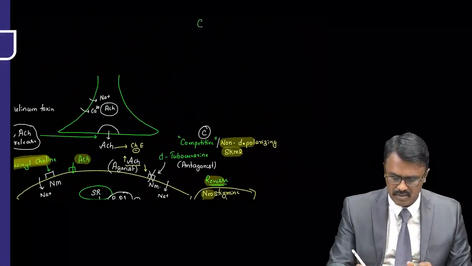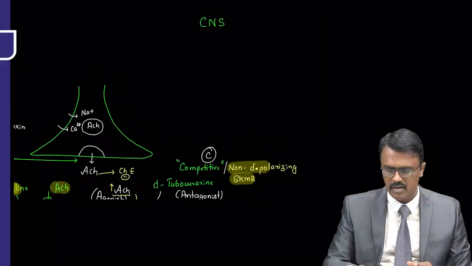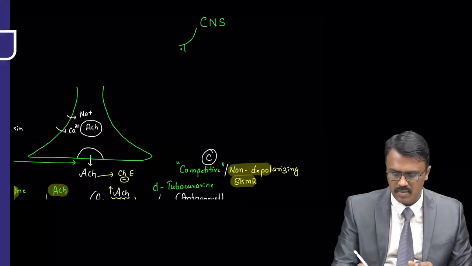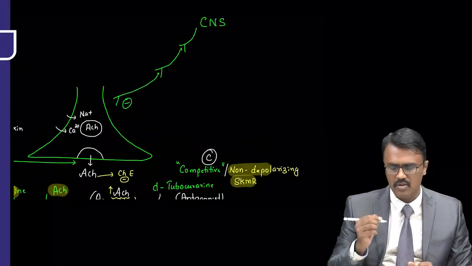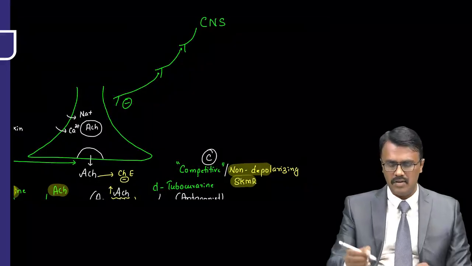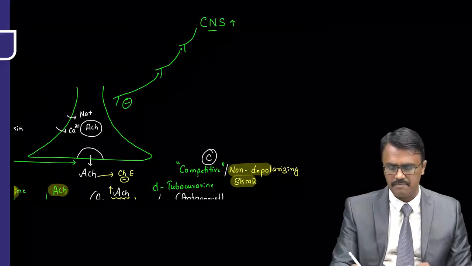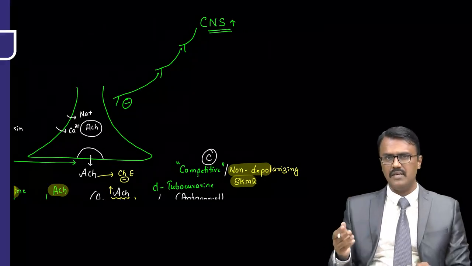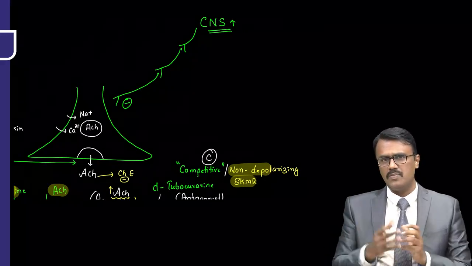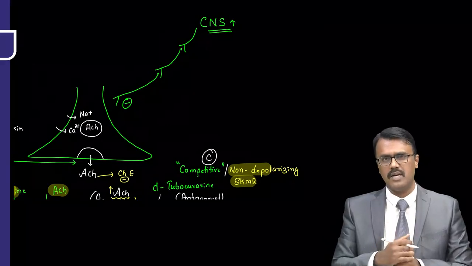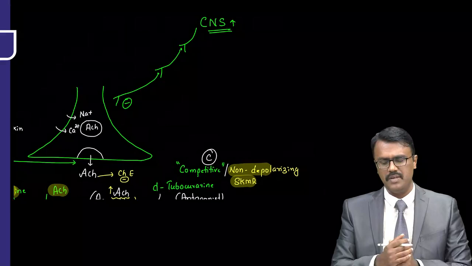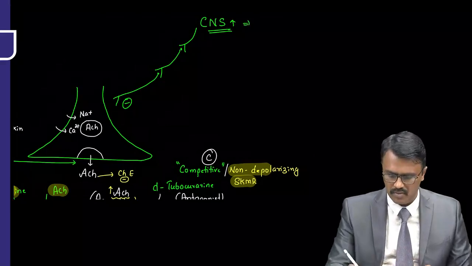Let me take, this is the CNS, and the CNS has polysynaptic reflexes which will come and inhibit this neuromuscular junction. When the CNS gets activated, the muscles will undergo spasm to prevent further injury.